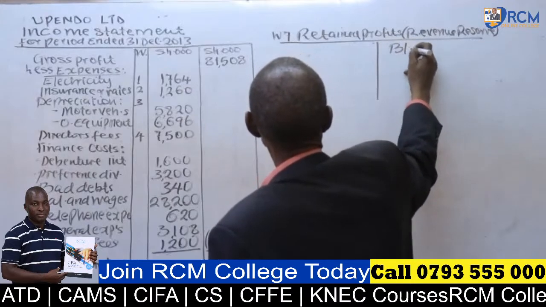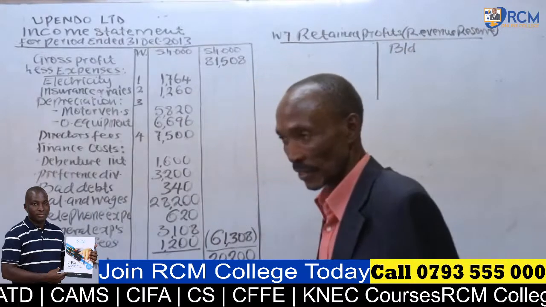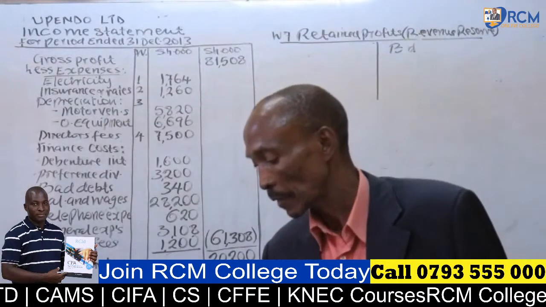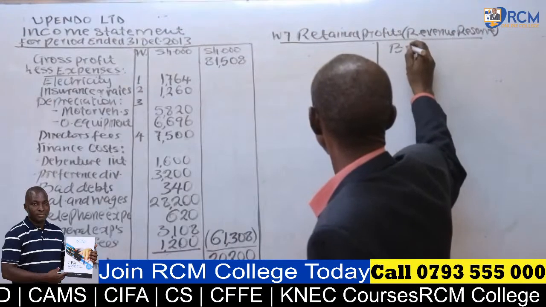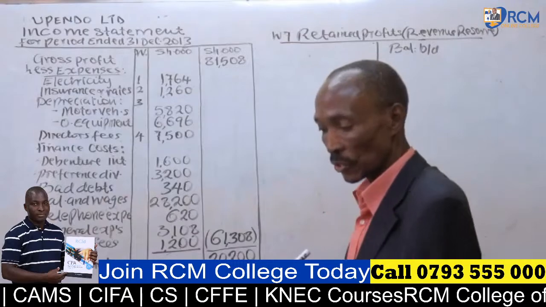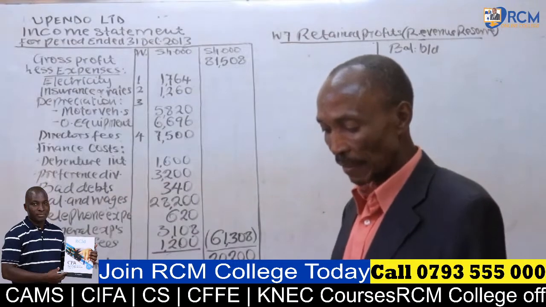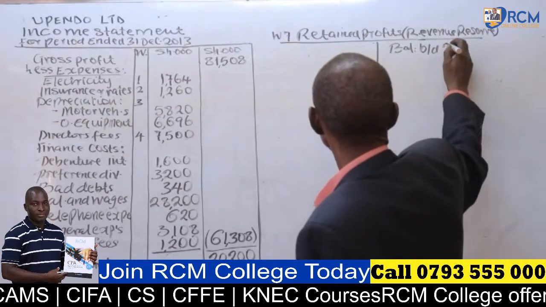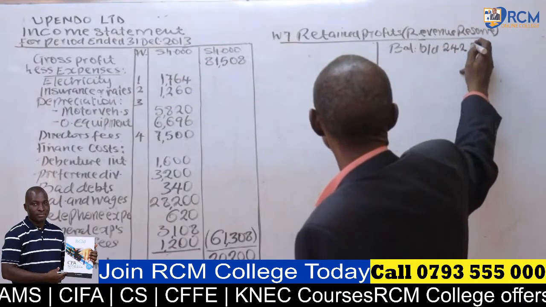So what happens? You are given a balance. You are given retained earnings at 1st January 2013 was 24,252.